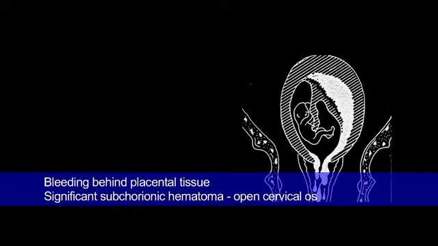In an inevitable miscarriage, you can see the bleeding behind the placental tissue, significant subchorionic hematoma being expelled through an open cervical os. Okay, so threatened miscarriage, one will see pain and bleeding with a closed cervix, and on scan one sees a fetal heartbeat.